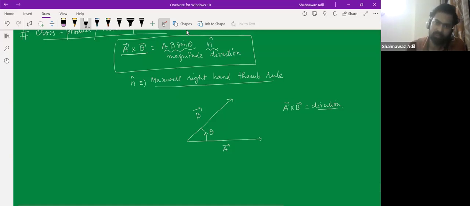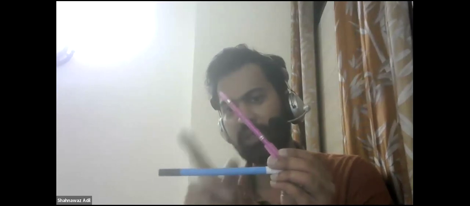I have this vector in this direction and I have this vector in the other direction. This is B, this is A hat. So if I want to find out A cross B, what I will do is this is my palm, and this is my thumb.